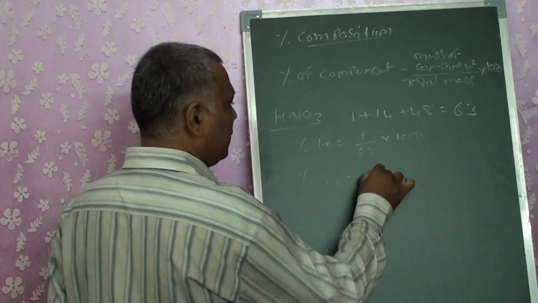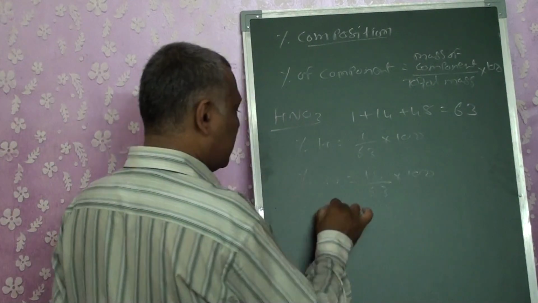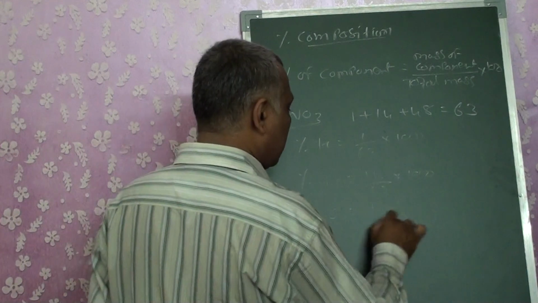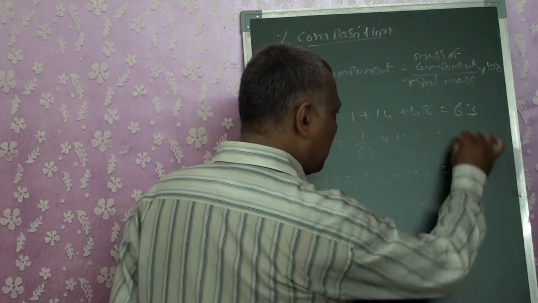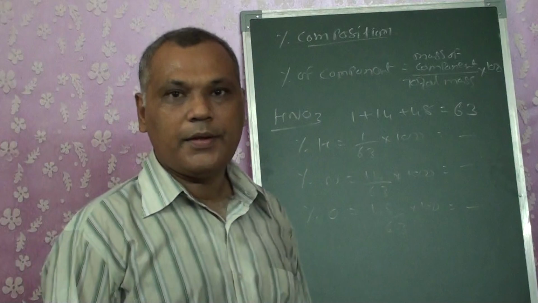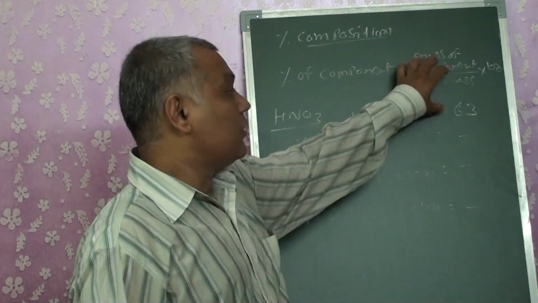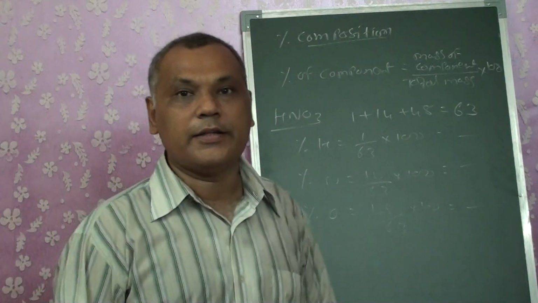Percentage of nitrogen, 14 by 63 into 100. Percentage of oxygen, 48 by 63 into 100. With the help of a calculator, you can find the percentage. So this is the general formula. If I have the molecular formula, then I will do it like this.